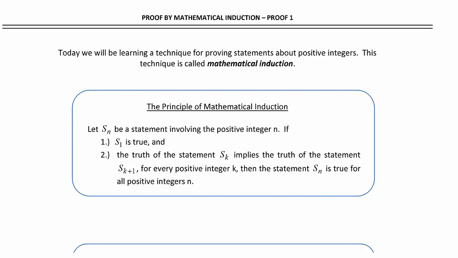So basically what's happening here is if our statement is true for our first term, if we assume that our statement is true for any general term, so that's the S sub k, kind of in the middle of all of our numbers, if that truth then implies that our statement is true for our next generic term, S sub k plus 1, then we can assume that it's true for every integer n.